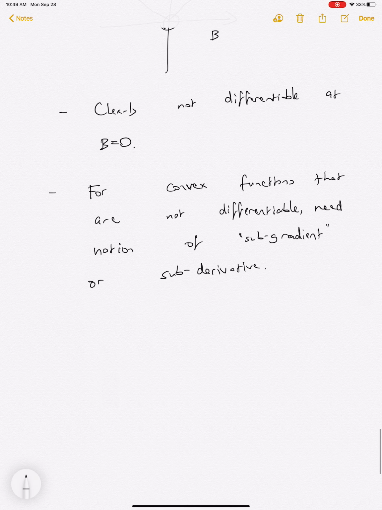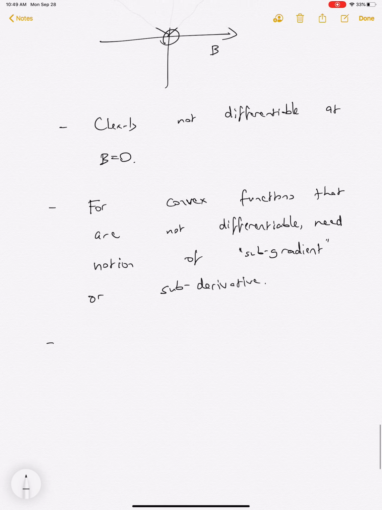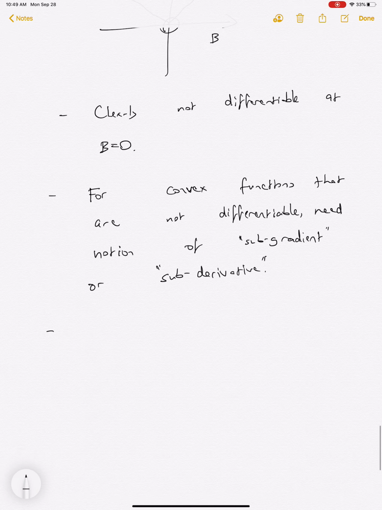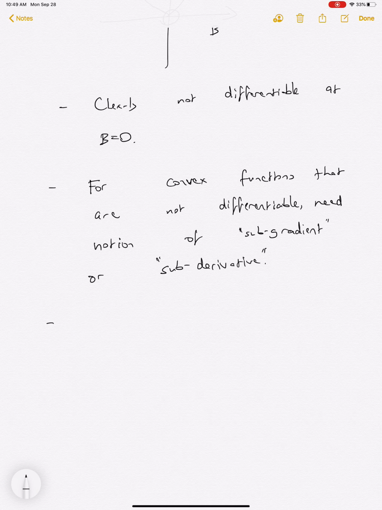So what typically is a gradient? It means that if you take a tangent to that function, what does it look like? And so for convex functions, you need a notion of a subgradient or subderivative.